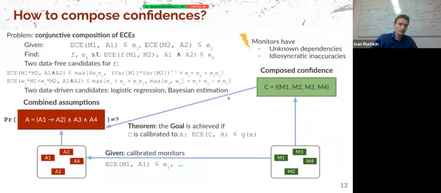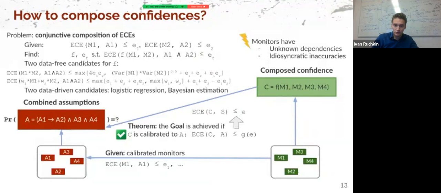Either way, either theoretically or empirically, we managed to satisfy the precondition of this theorem, which ultimately results in getting a calibration bound on the safety probability. So, long story short, without assuming perfect monitoring or knowing the dependencies between monitors, we managed to obtain a bound on how well we know whether we will crash or not.